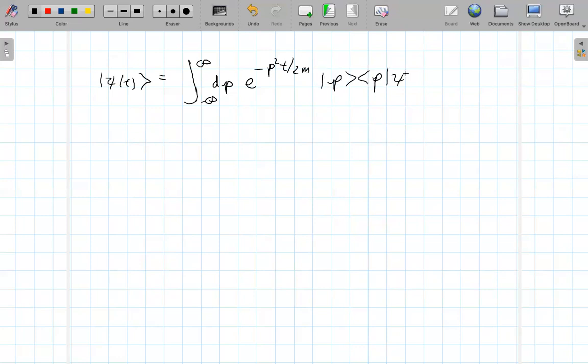So let's write that down. Finally, what I get is my time evolved state equal to the integral from minus infinity to infinity dp of e to the minus i p squared times the time divided by twice the mass h bar, times my momentum basis |p>, times the inner product between the momentum basis and psi at time equal to 0.